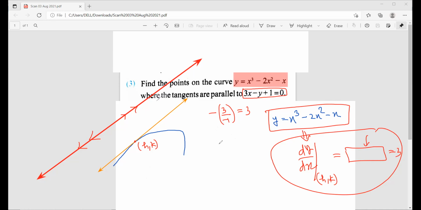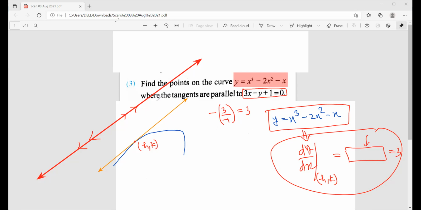Now in this, you will notice, students, that when you solve the problem, automatically on its own, if there are two tangents, then you will get two values of h and two values of k.